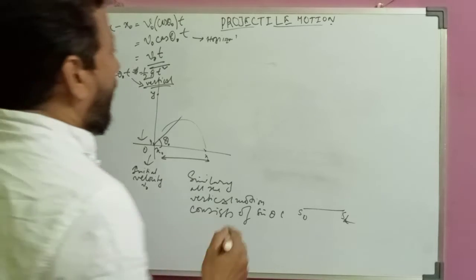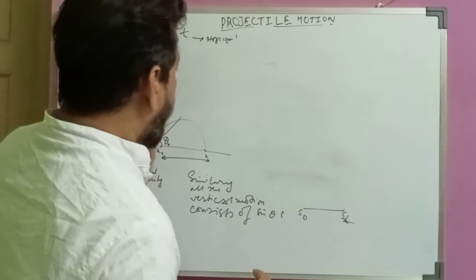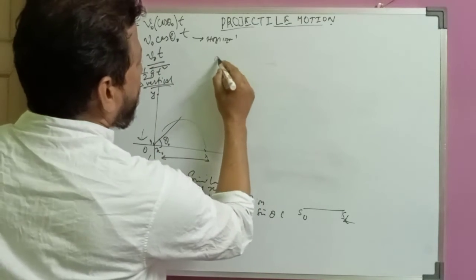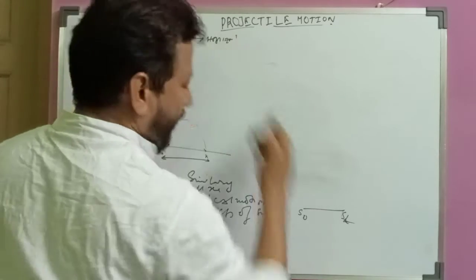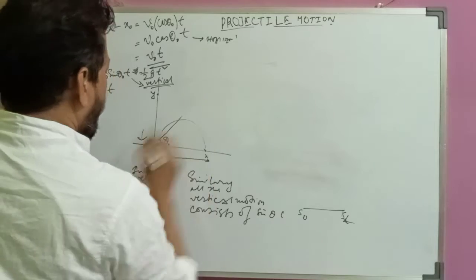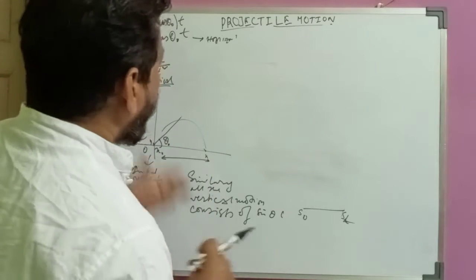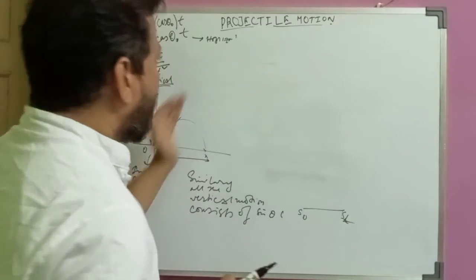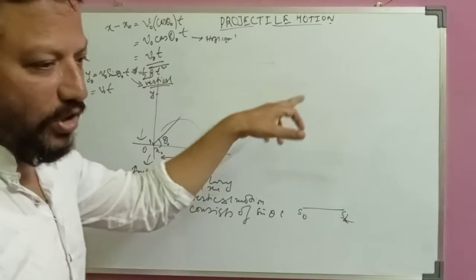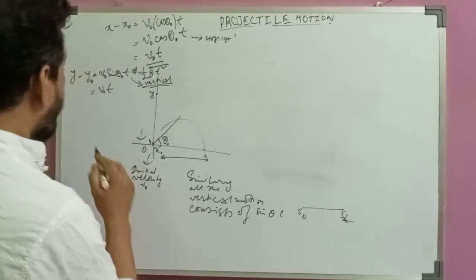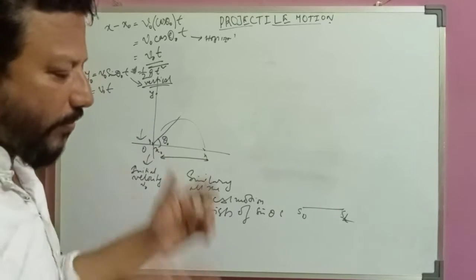Now velocity will be, because in the vertical there is acceleration and in the horizontal part it is 0.